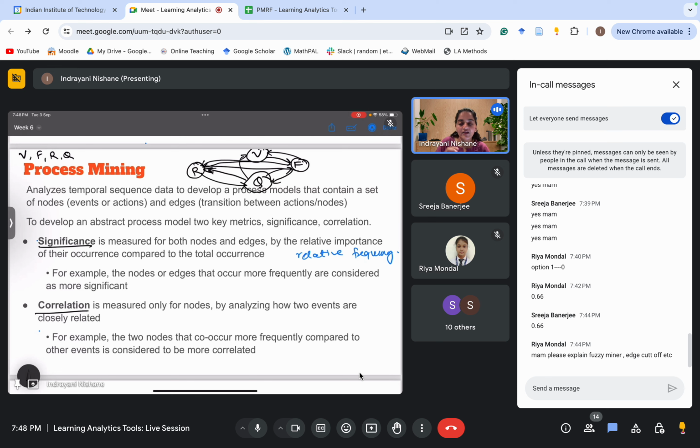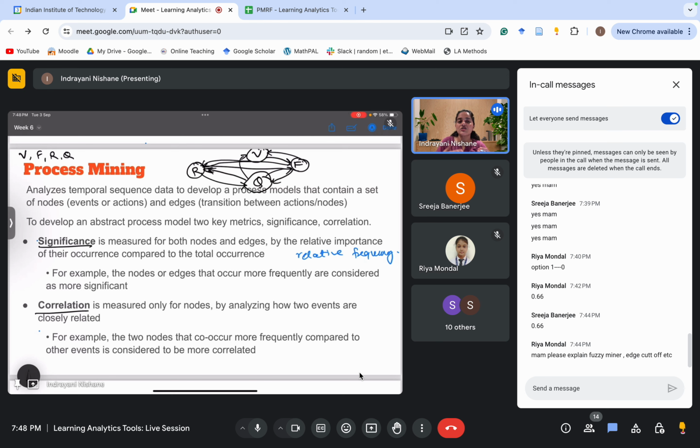When we decide the cutoff based on significance, that is the significance cutoff. The edge cutoff is based on the significance of that particular edge, how frequently that transition has been occurring.